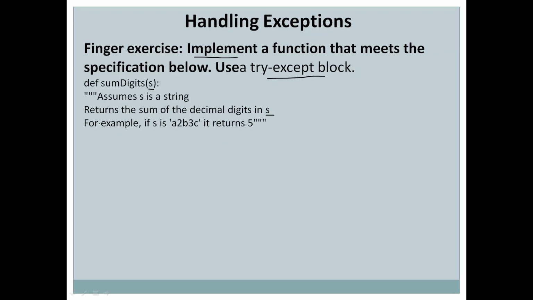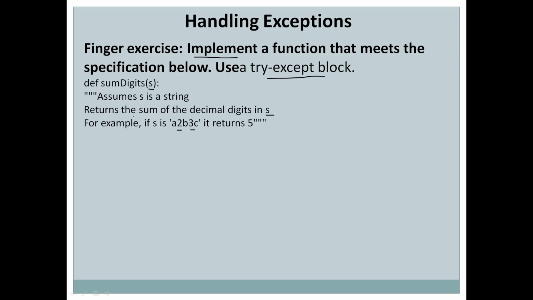For example, if s is a2b3c, the function sum digits should return 5, that is the addition of digits 2 and 3. So it should only add the digits which are there in the string, and it should return the addition of it. So you have to write the function sum digits.